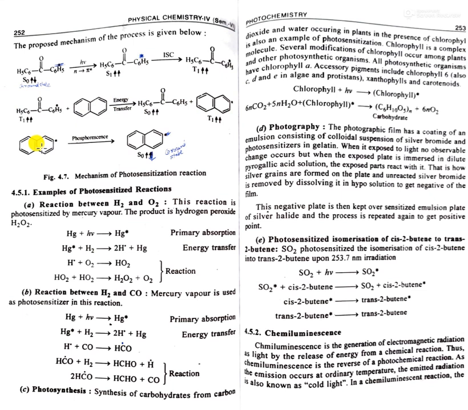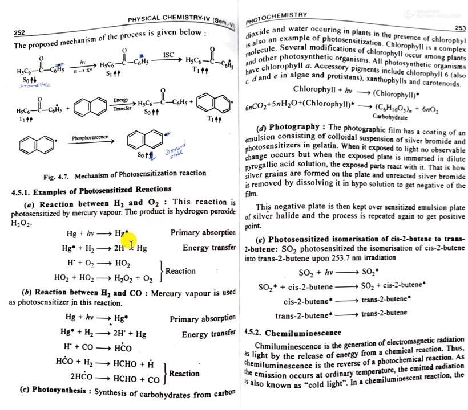And this anthracene molecule can then undergo phosphorescence to reach the ground state. So this is the mechanism of photosensitization of anthracene using benzophenone. There are also other examples of photosensitization reaction, between hydrogen and oxygen.